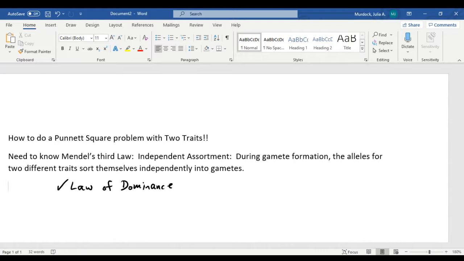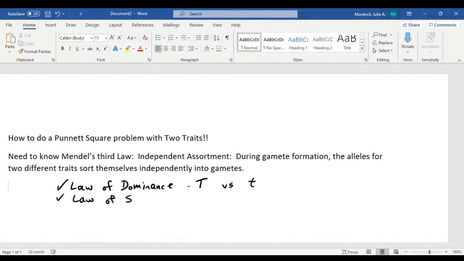Remember that that just means there's two alleles for each characteristic, and sometimes you have capital letters that indicate dominance, and sometimes lowercase letters that indicate recessiveness. The putting together of those alleles determines the phenotype of an organism. The law of segregation is still working here as well.